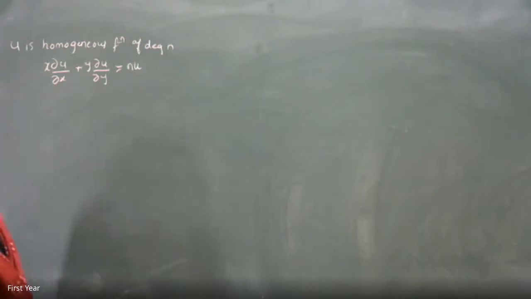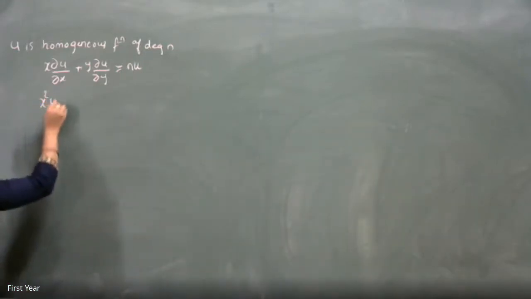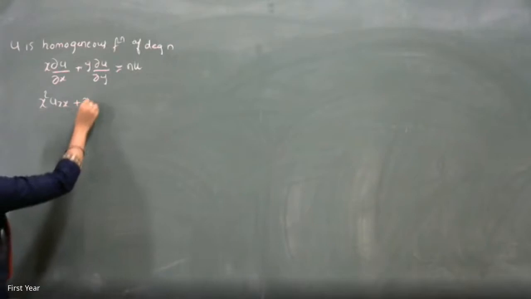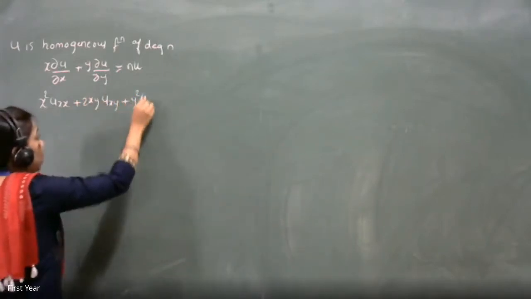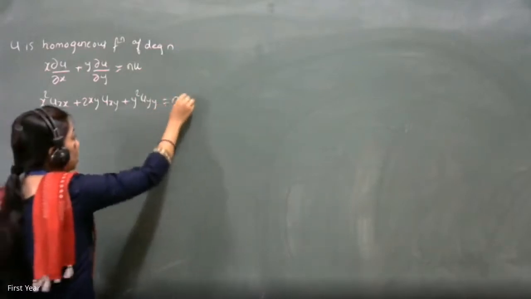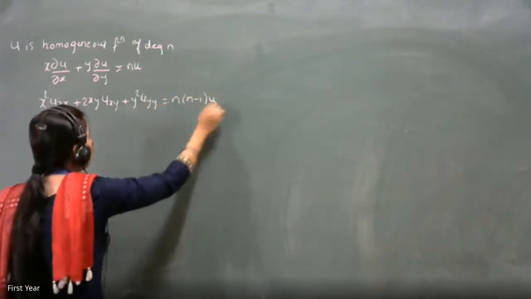This was the statement for the first order partial derivative using Euler's theorem. The second order formula was x squared u_xx plus 2xy u_xy plus y squared u_yy is equal to n into n minus 1, times u. This we can prove with the help of the first order equation.